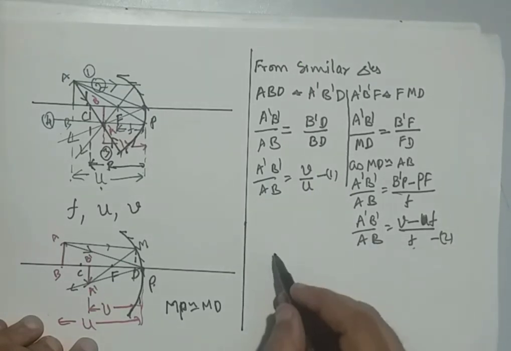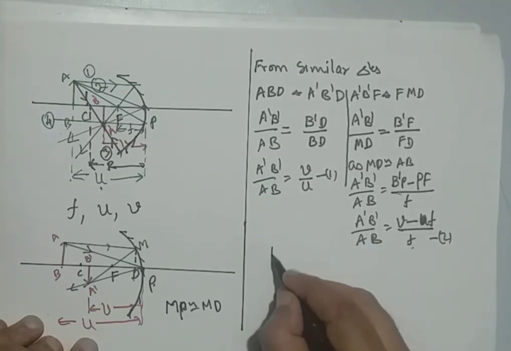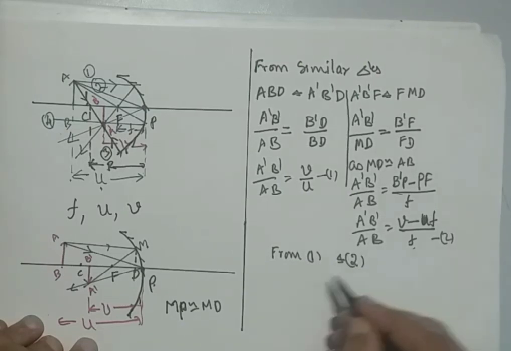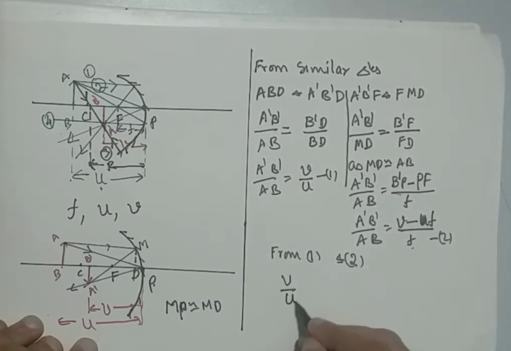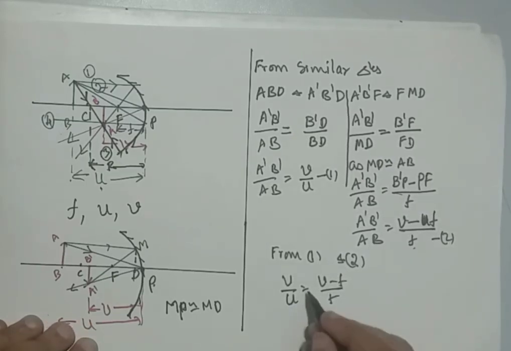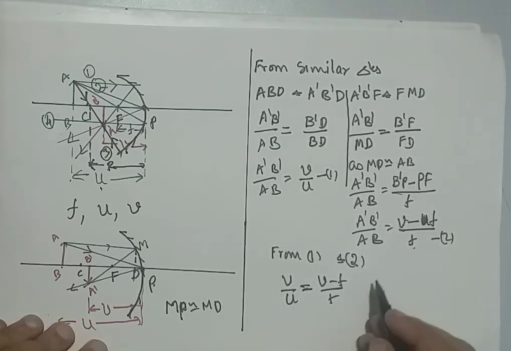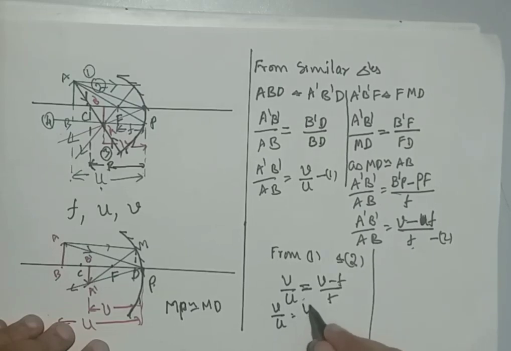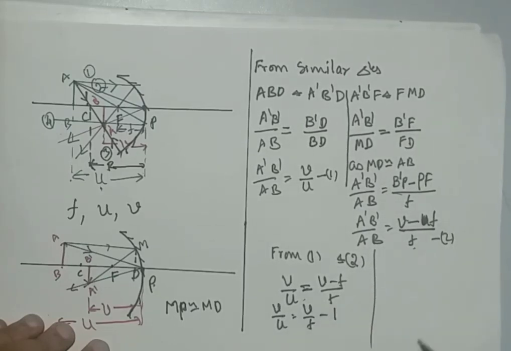Combining this equation 1 and 2, we can write from 1 and 2, V by U equals V minus F by F, or else I can write V by U as V by F minus 1.